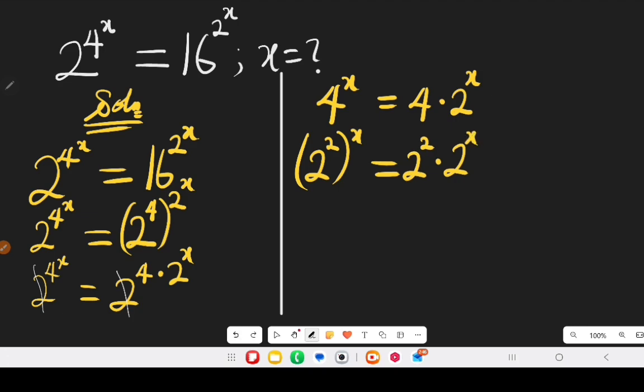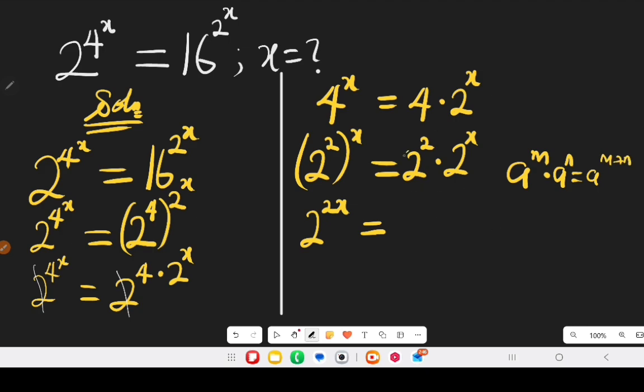The left hand side we change to 2 raised to the power of 2x because power times power, which is equal to, the right hand side we use law of indices, which states that whenever we have a raised to the power of m times a raised to the power of n is equal to a raised to the power of m plus n.